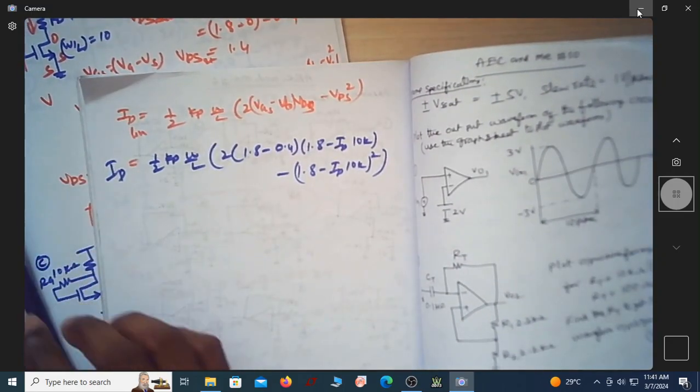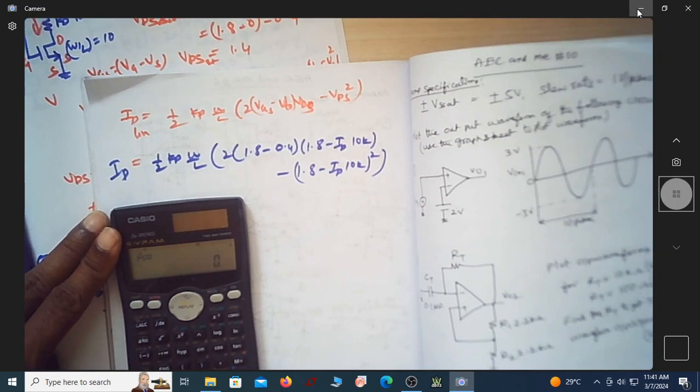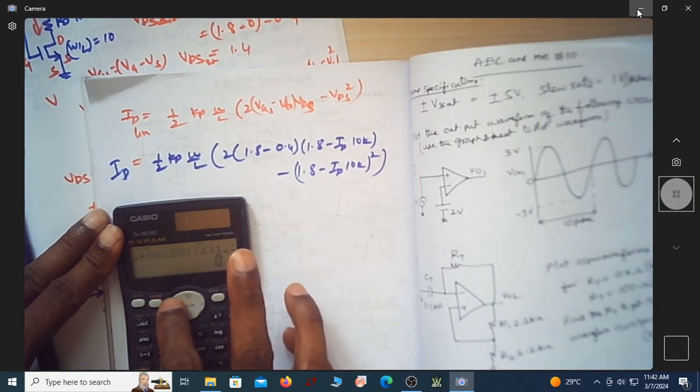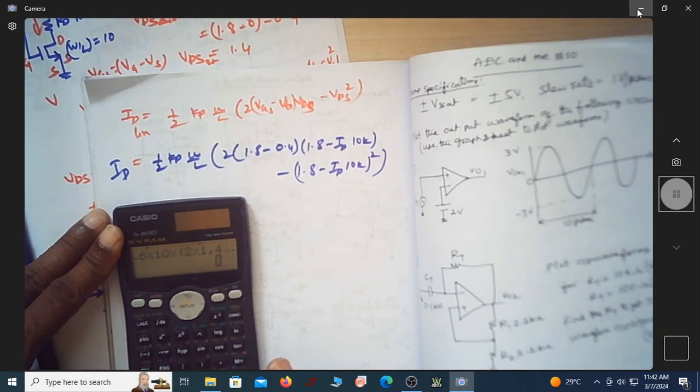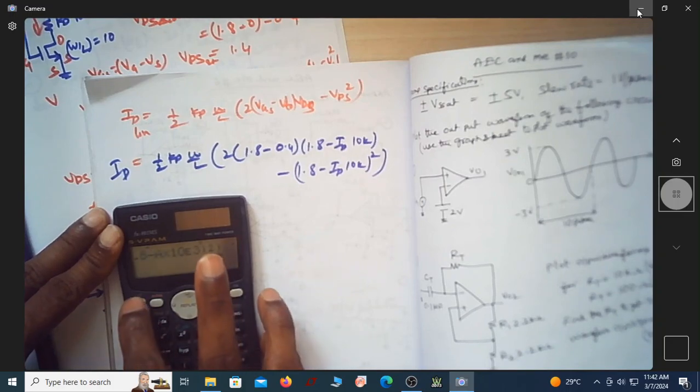Let alpha A be the ID: 100 exponential minus 6 into 10 into 2 into 1.4 into 1.8 minus alpha A into 10 exponential 3, close the parenthesis, minus of 1.8 minus alpha A into 10 exponential 3, close the parenthesis, square, close the parenthesis, shift cal.